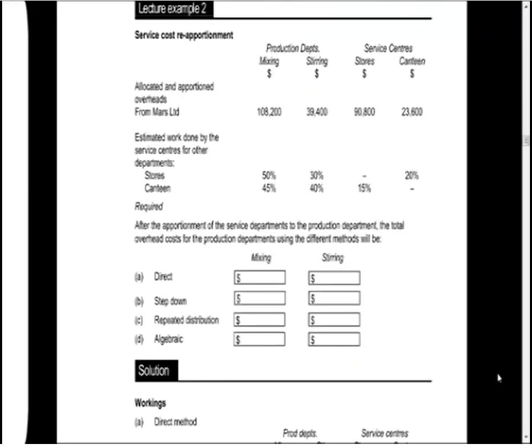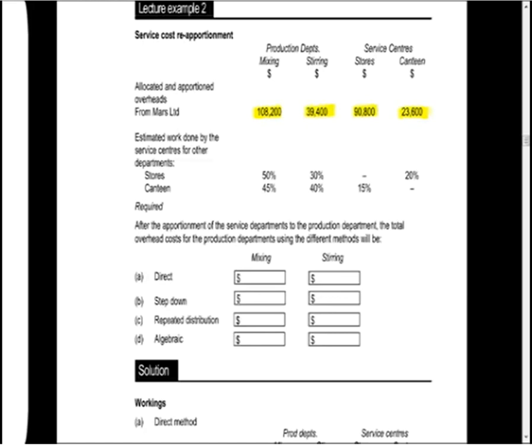Following on from our calculations in lecture example 2, we ended up with allocated and apportioned overheads in the 4 departments of Mars. What we've got now then is some estimates of the work done by the service centres for the other departments.